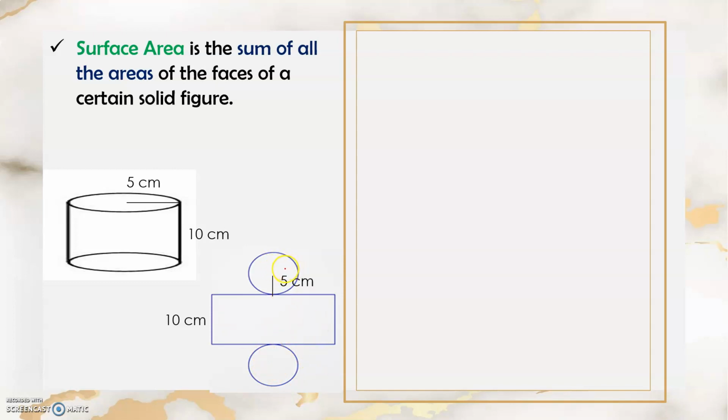Now let's start with the areas of the circular bases. To solve for the area of a circle, we use the formula pi r squared, wherein pi is equal to 3.14. Given that the radius of the circular base of this cylinder is 5 centimeters, we'll have 3.14 times 5 centimeters squared. 5 centimeters squared is equal to 25 square centimeters.